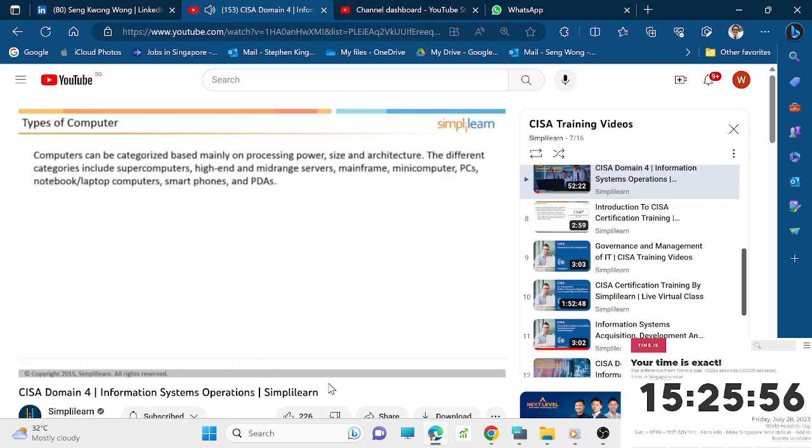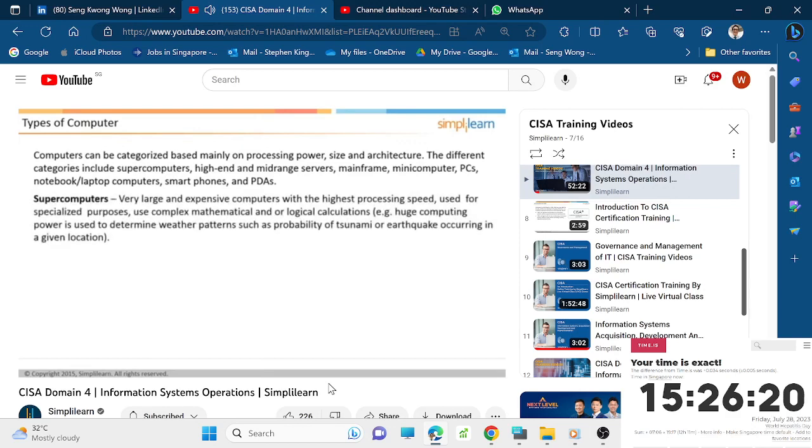Computers can be categorized based on several criteria, mainly processing power, size, and architecture. The different categories include supercomputers, high-end and mid-range servers, mainframes, mini-computers, personal computers, PCs or microcomputers, notebook and laptop computers, smartphones, and personal digital assistants, PDAs.